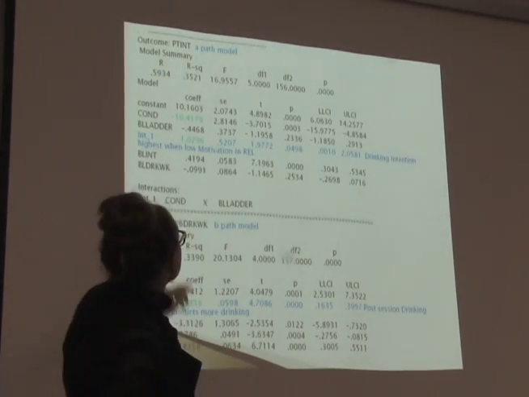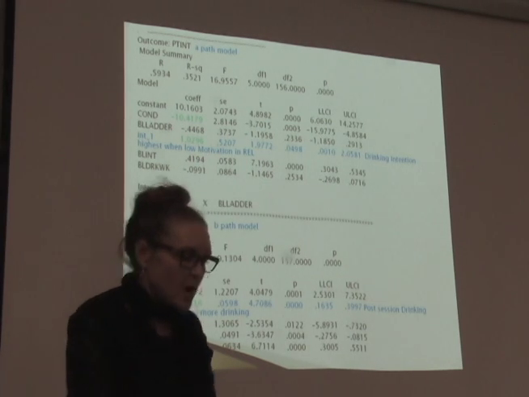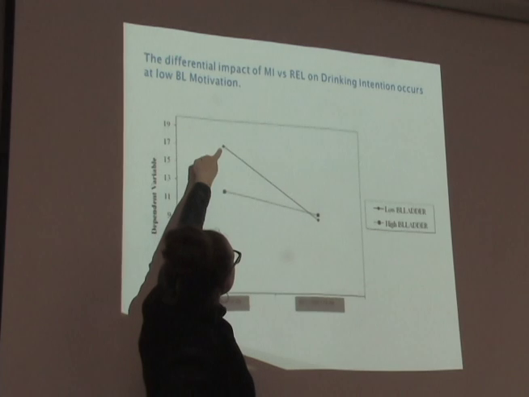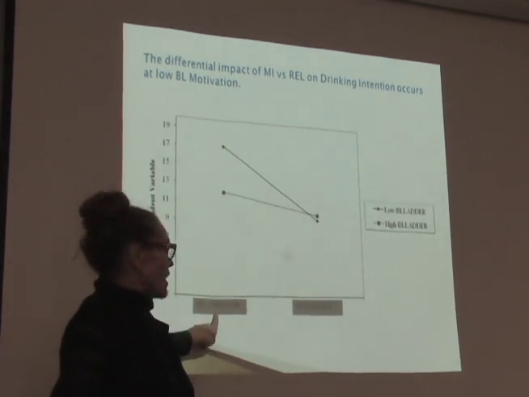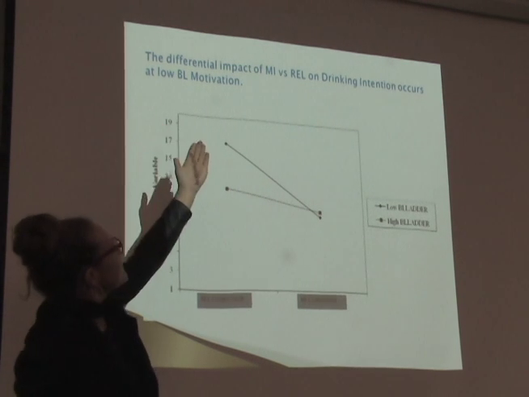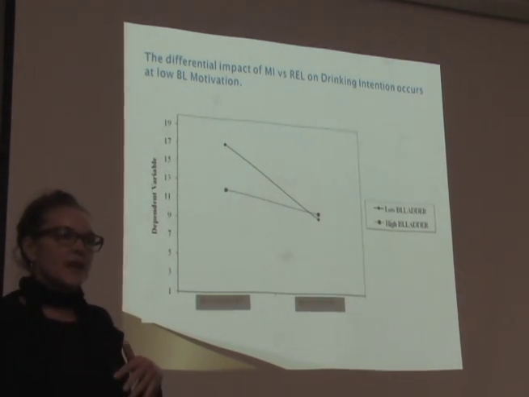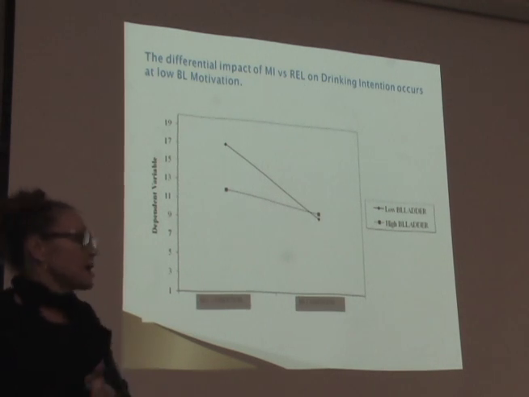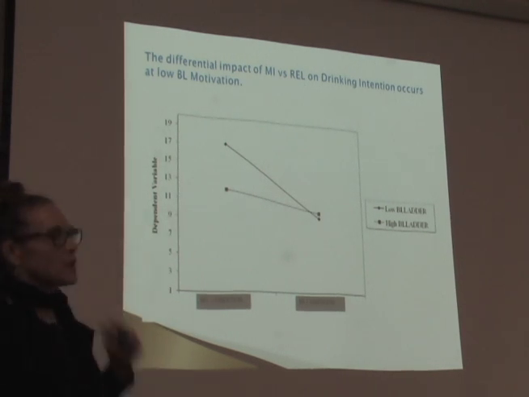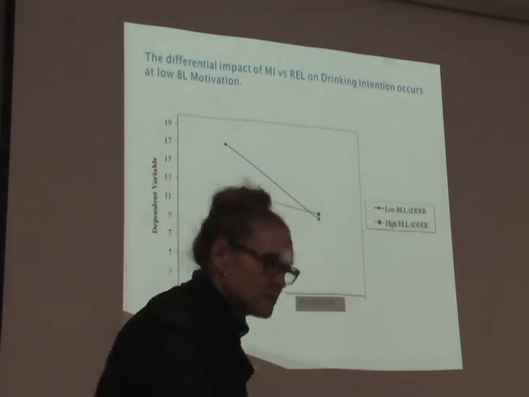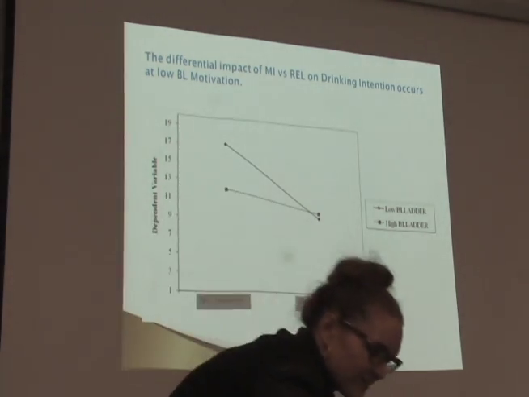So drinking intention is highest when low motivation in REL, right? Said another way, the differential impact of MI versus relaxation control training on intentions to drink is only observed at low levels of motivation, right? That's what we're seeing here. Does that make sense? Okay, good.